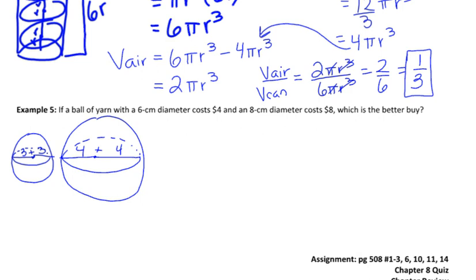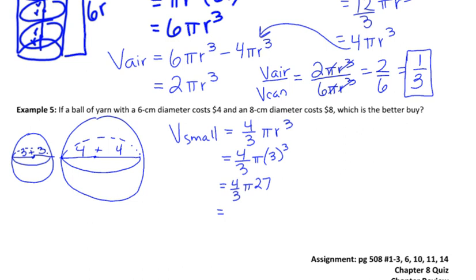So that's just to have a visual of what it would be. So volume of the small sphere. Volume of a sphere, again, is 4 over 3 pi r cubed. Radius in our small sphere is 3. 3 cubed is 27. 27 over 3 is 9, so 4 times 9 is 36 pi.